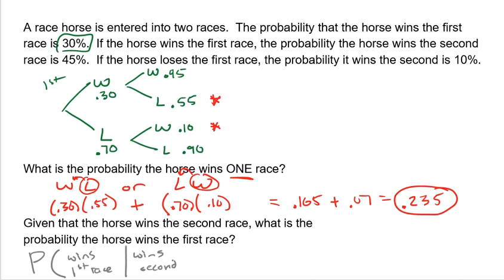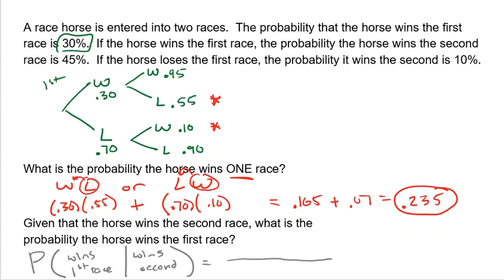So most kids that aren't paying attention will jump and say, well, there's a 30% chance you win the first race. Yeah, but there's a 30% chance you win the first race if I could care less what happens second. But I do care what happens second. The question clearly says, if you win the second, what's the probability you win the first? So this is definitely conditional, which is going to require my conditional formula.